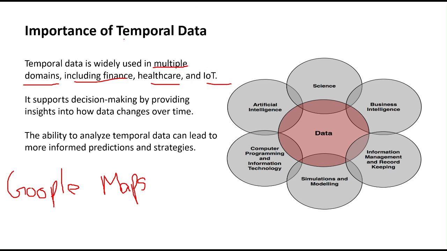Now, the importance of temporal data: it supports decision making by providing insight into how data changes over time. Like in the Google Maps example, it supports decision making on which route is the best preference for the user. So temporal data helps to make decisions.